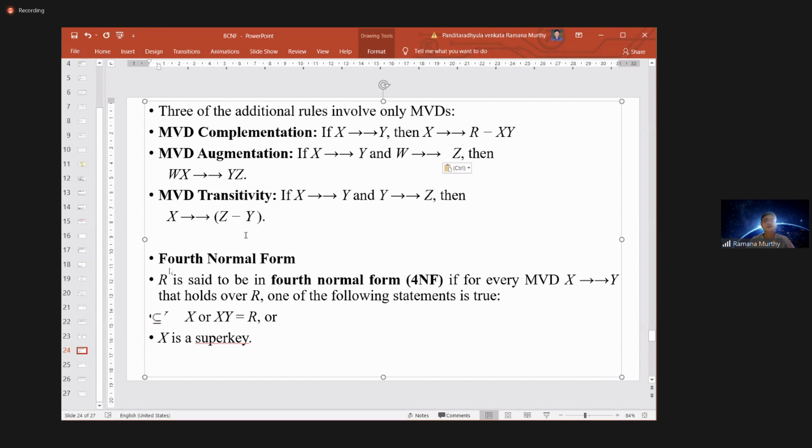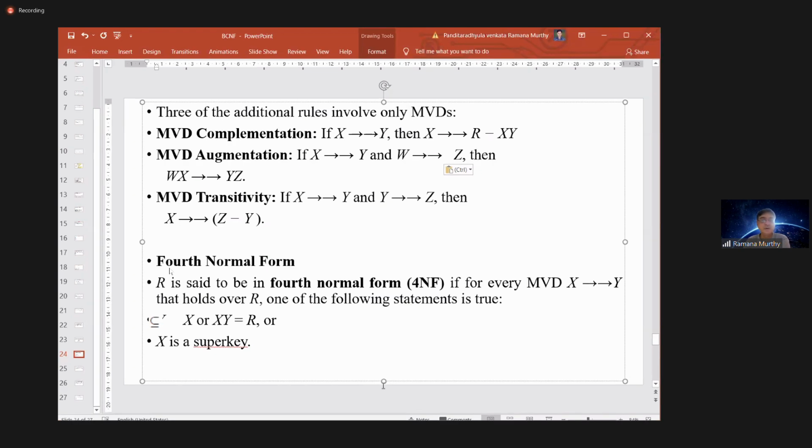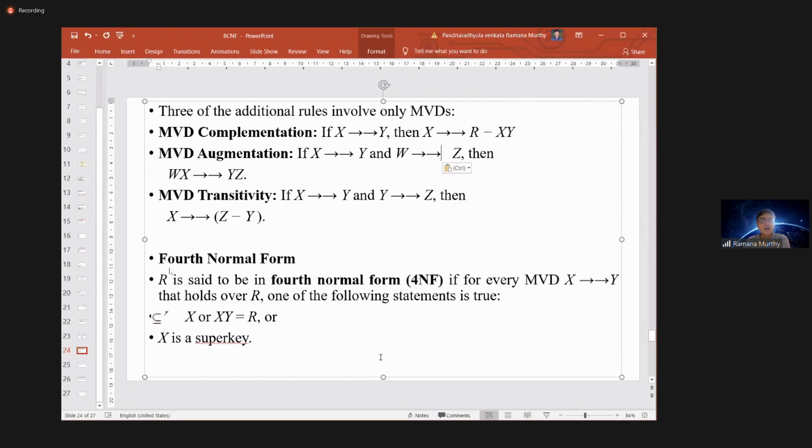Okay, right. Based on the multi-value dependency, you are having a normalization form. If in a particular table a multi-value dependency is there, that particular normal form we call the fourth normal form.